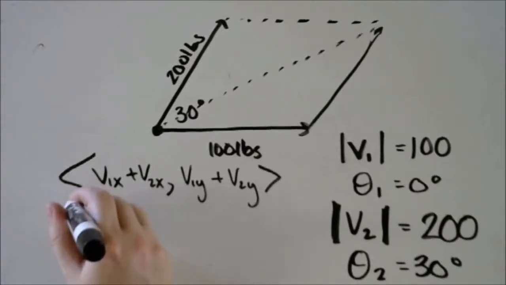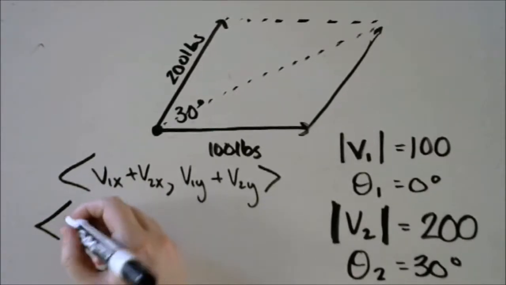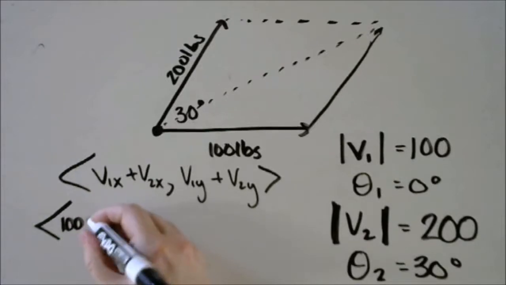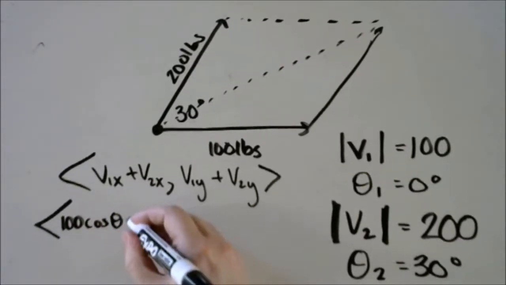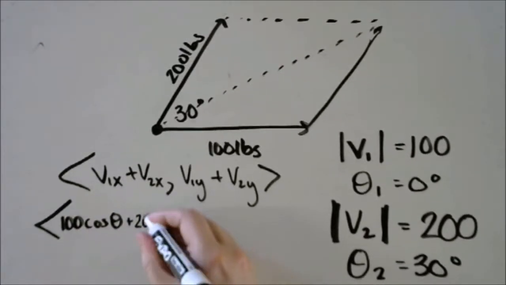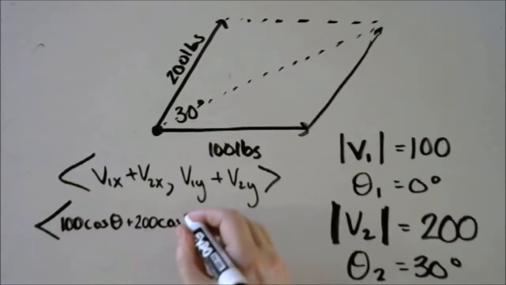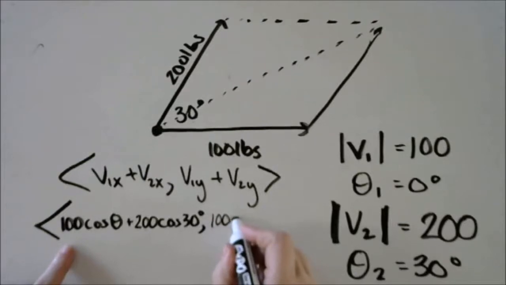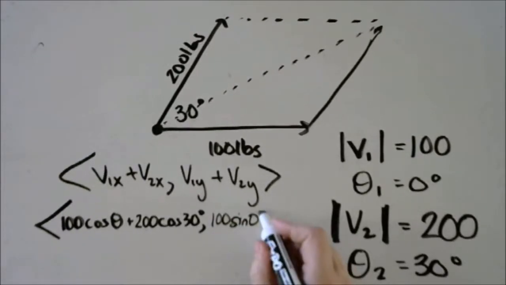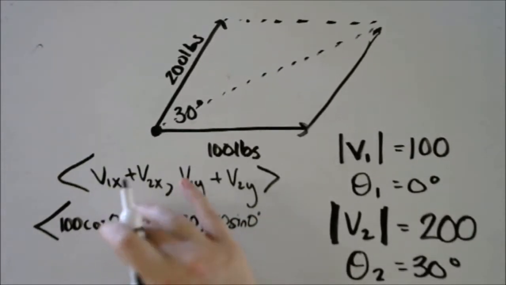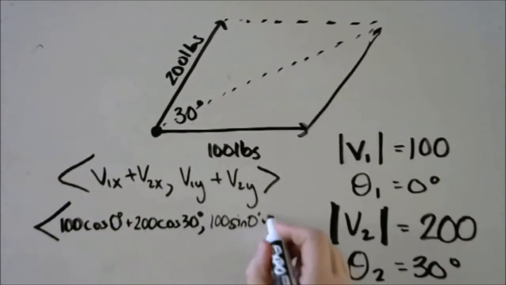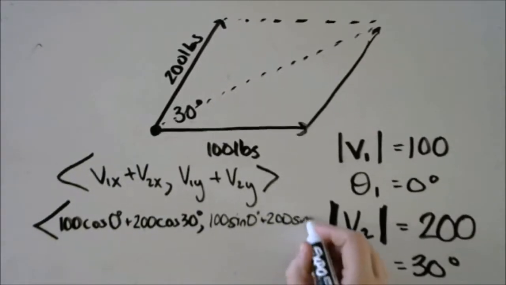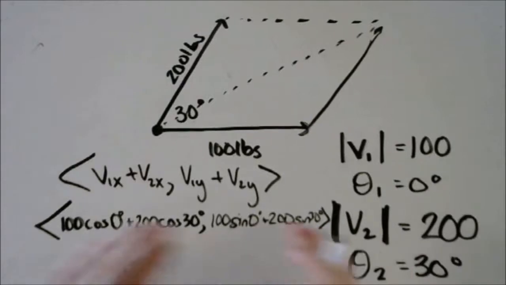So the resultant vector has a component form of 100 cosine 0 plus 200 cosine 30, comma, 100 sine 0 plus 200 sine 30. So let's calculate this.